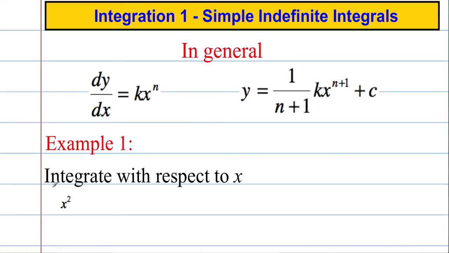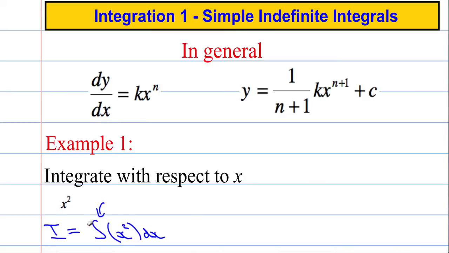So here I want to integrate with respect to x the expression x squared. So we can write it like this. I is going to be the integral of x squared with respect to x. This symbol here is an elongated s.